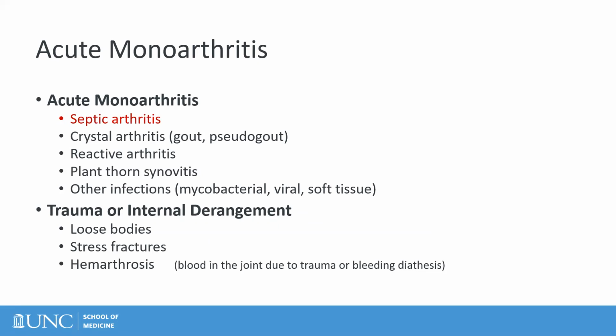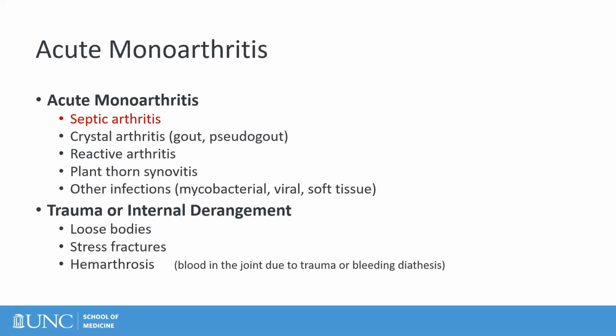But septic arthritis and the other major form of arthritis, probably even more common than septic arthritis, is a crystal-induced arthritis such as gout or pseudo-gout, which can present as an acute monoarthritis. The classic presentation of gout is a painful, swollen great toe, but it really can involve any other joint, particularly lower extremity, ankle, knee, but it can really start anywhere.